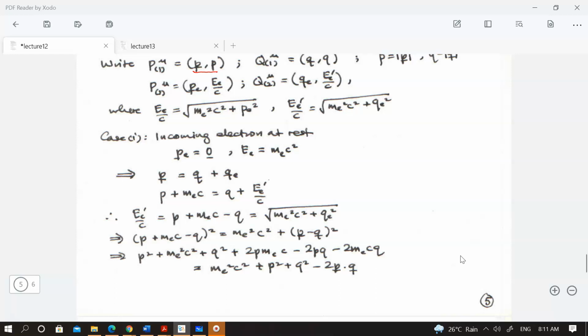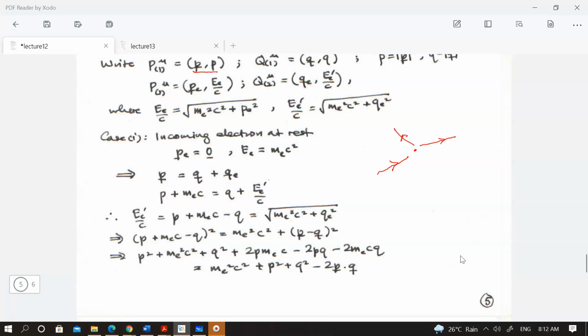In this case, the incoming electron is at rest, and then a photon bombards the electron. After that, your photon gets scattered and your electron also gets scattered.